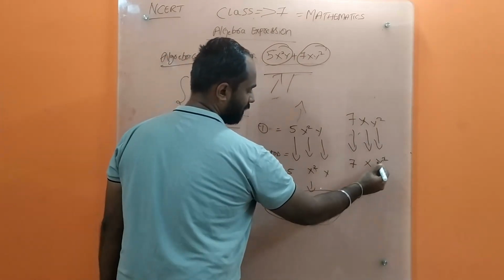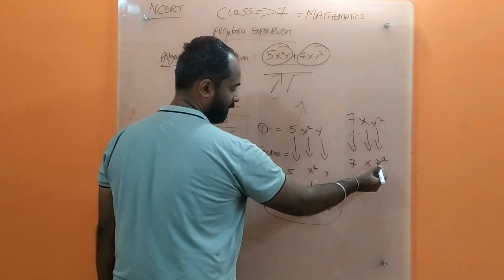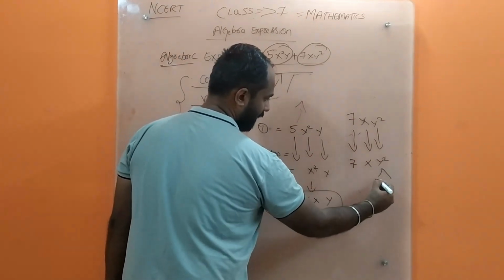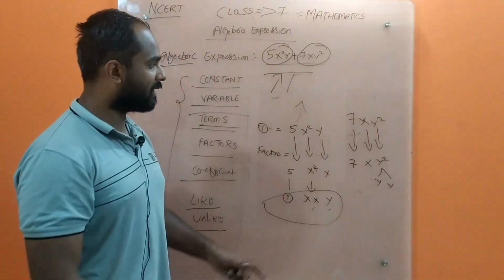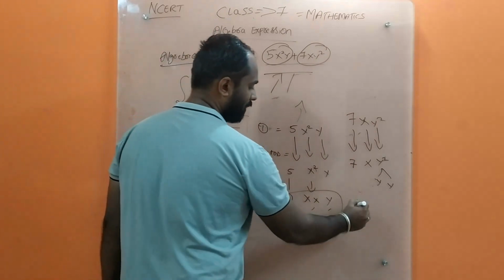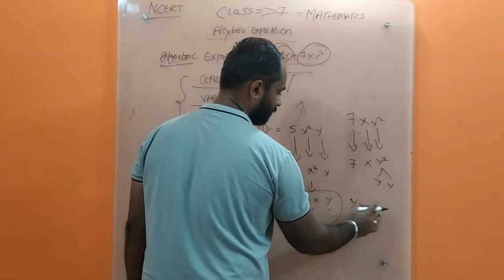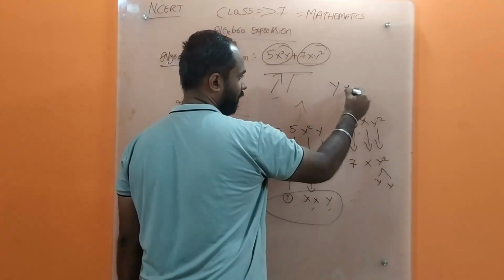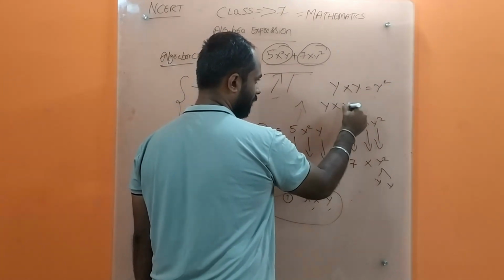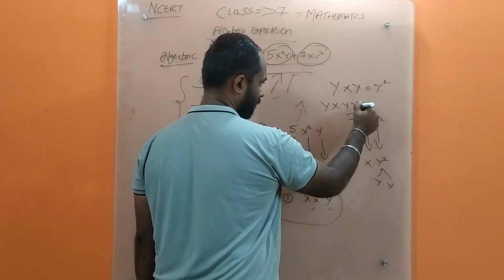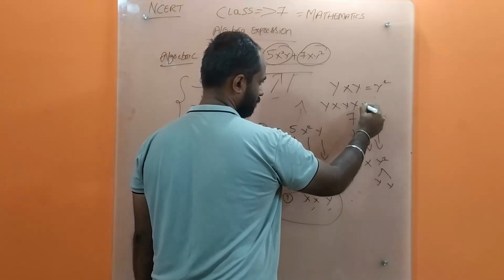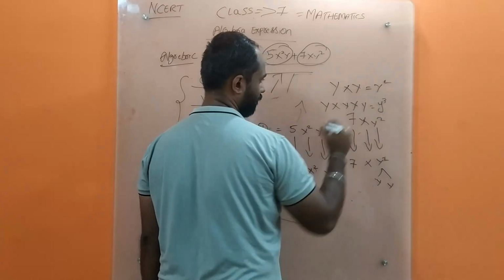If you write it in a tree diagram separately, we convert this into two y's, because y into y is equal to y square. Same way, y into y into y is equal to y cube.